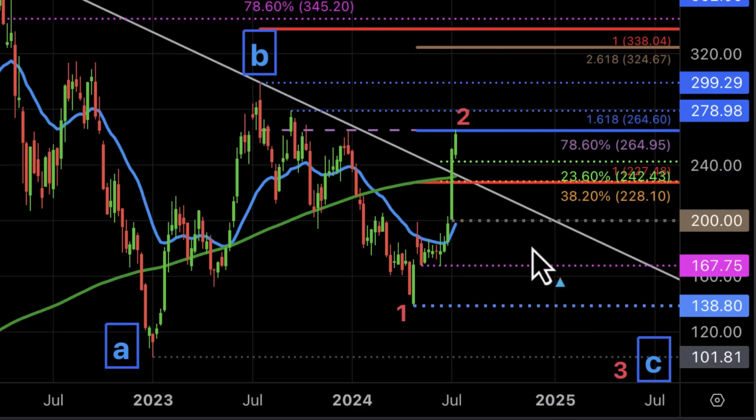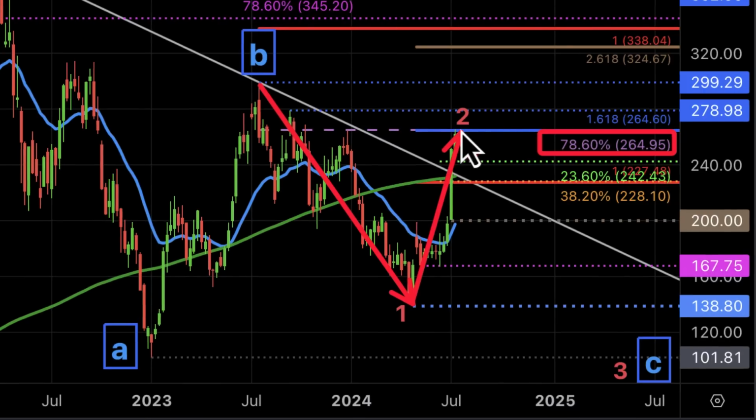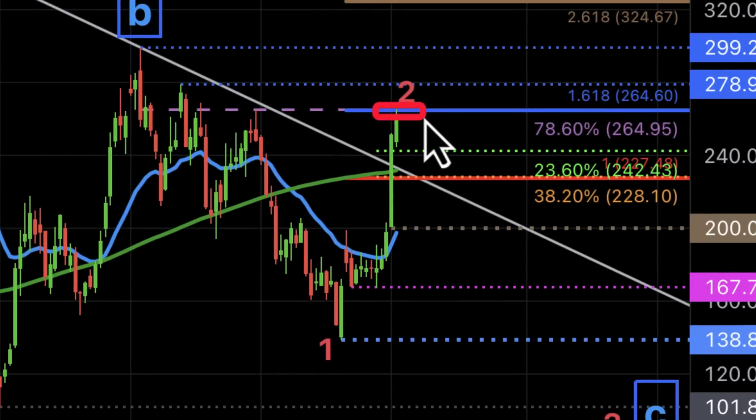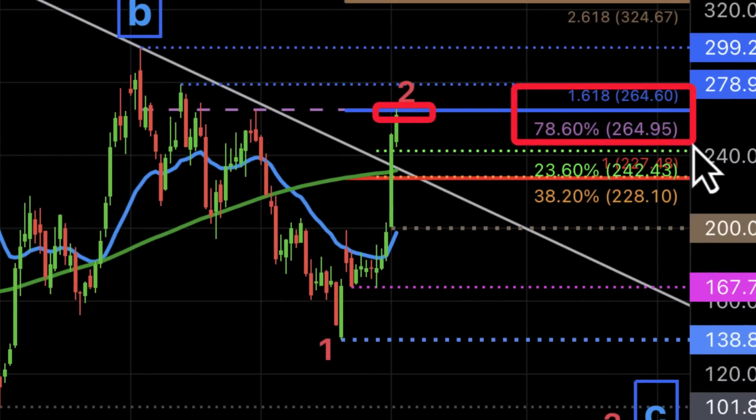Okay, that means in this particular red wave count, what we're seeing is this was our first wave down to 2024, and this rally here is simply a wave 2 ABC correction, which by the way has reached the 1.6 golden ratio extensions and also the 78.6% retracements. So 265 here, as you can see, is a level we've now bounced back to. Key levels of resistance at the 1.6 extension and the 78.6% retracement of the prior decline.